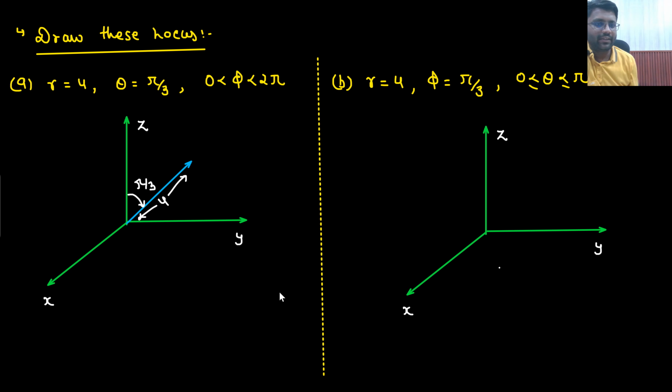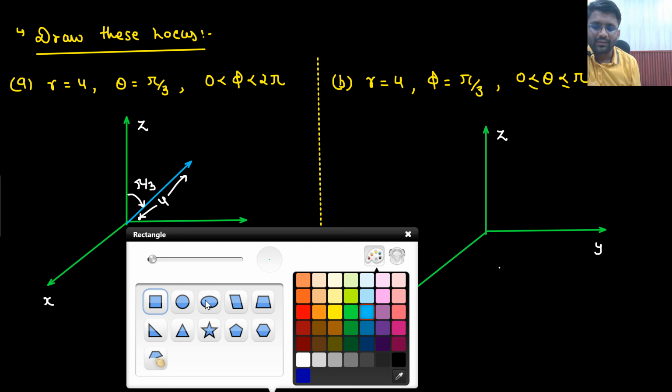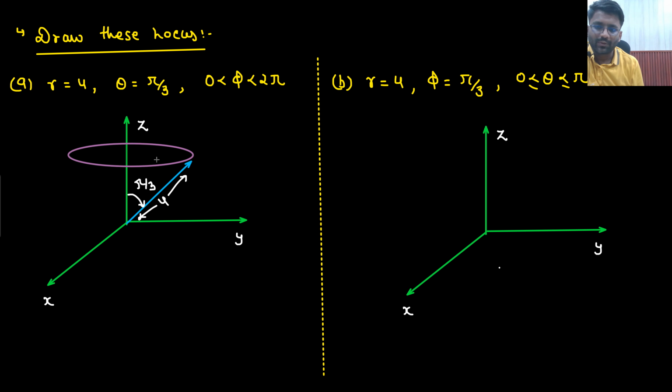That means it will complete the full circle. Here phi is 0, making a 0 degree angle with the x-axis, then from 0 to 2 pi it will make the complete circle. That's it.